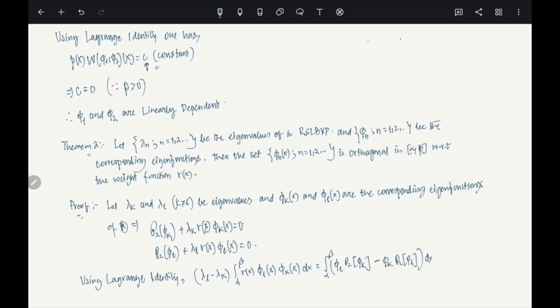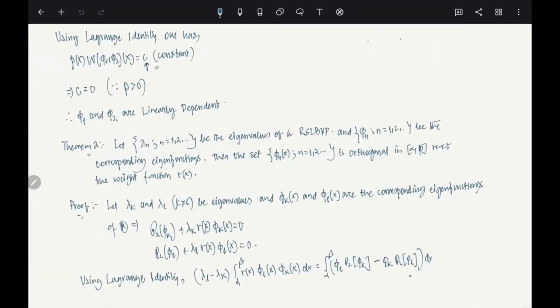Therefore, (lambda l minus lambda k) times the integral from alpha to beta of R(x) phi k(x) phi l(x) dx equals p(x) times [phi l(x) phi k'(x) minus phi l'(x) phi k(x)], that is, p(x) times the Wronskian of phi l and phi k.